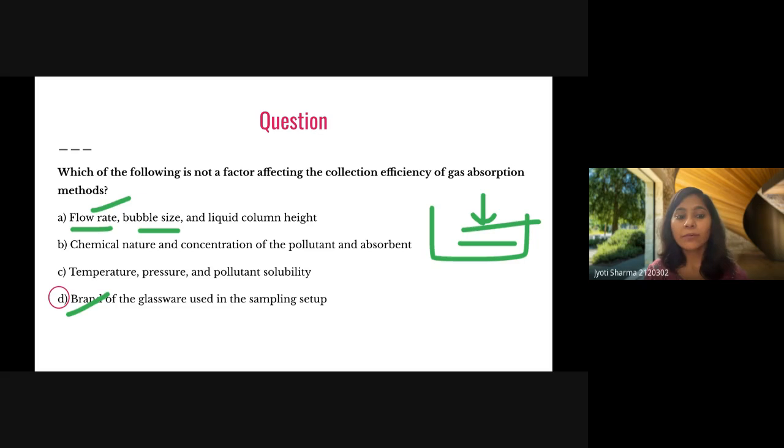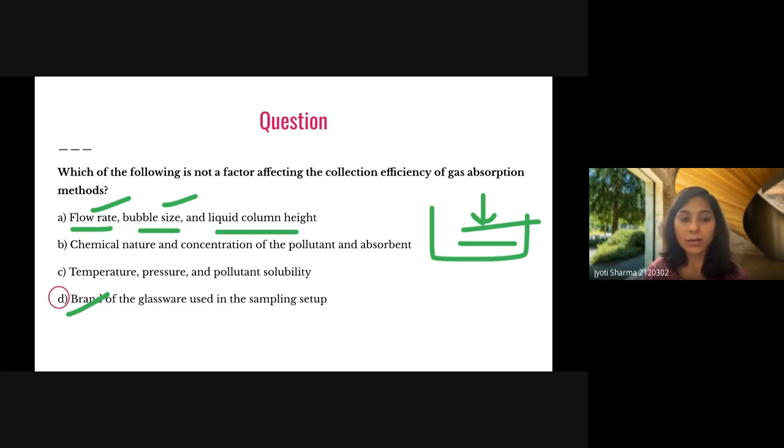Bubble size: whenever we have more bubbles, or the bubble size is small, then the efficiency will increase. Then liquid column height: whenever we have more height, we have more collection efficiency.